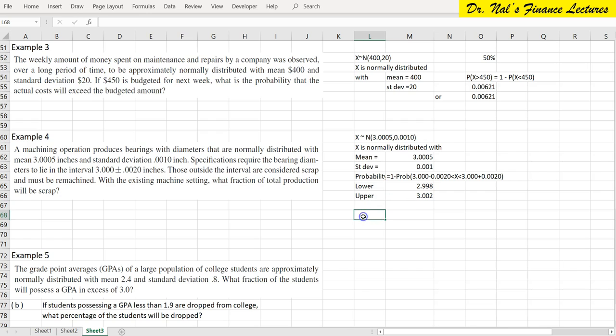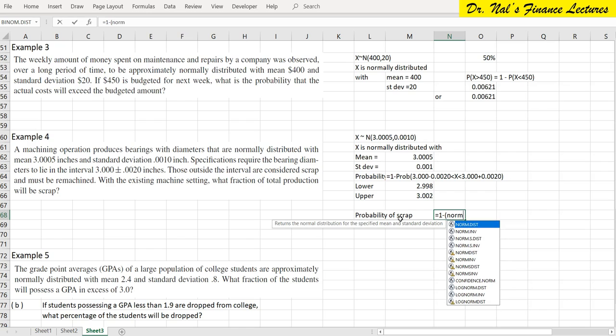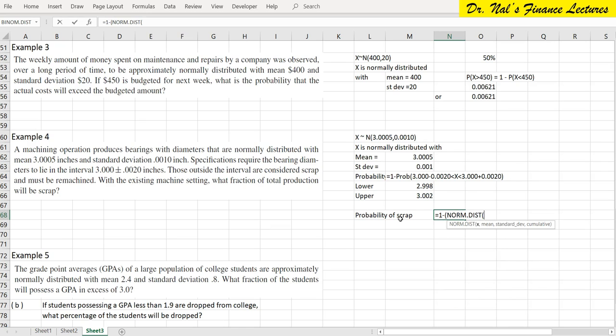So the desired probability of scrap and remachining would be 1 minus open parentheses norm dist.